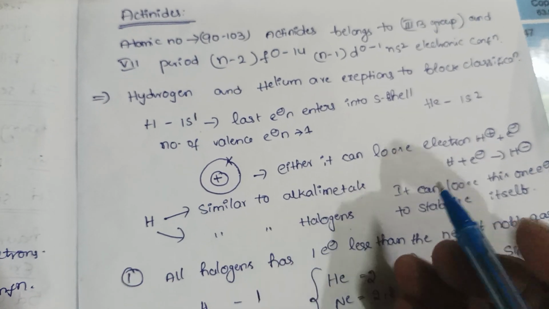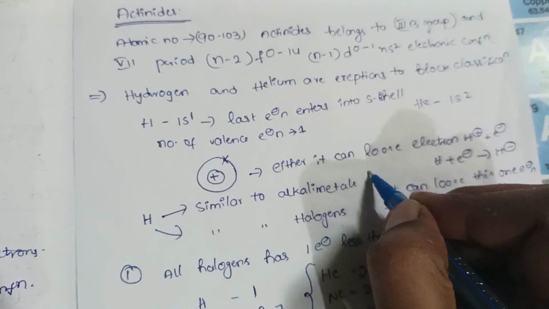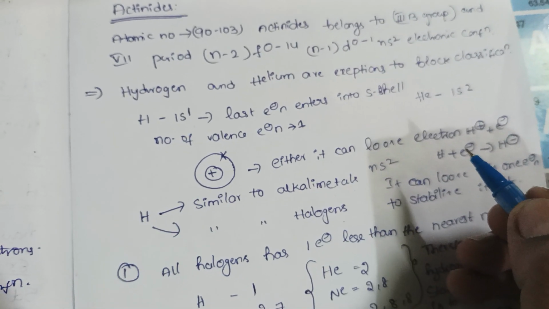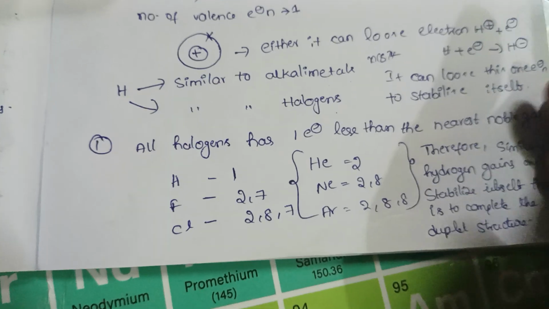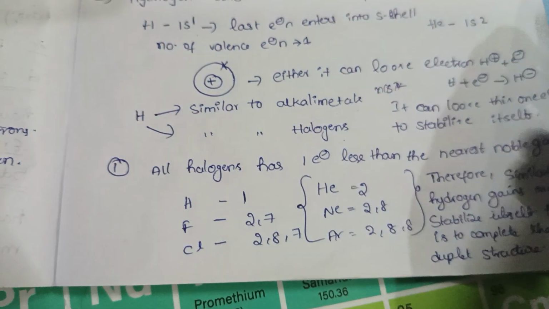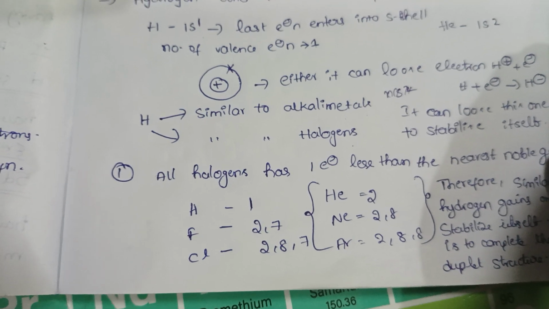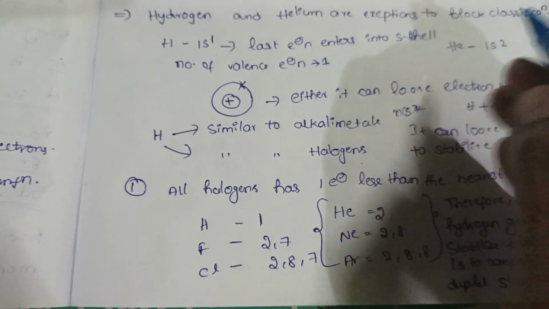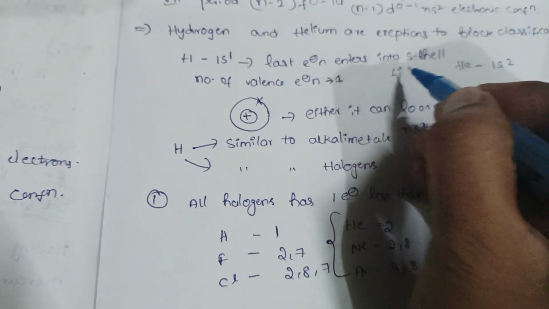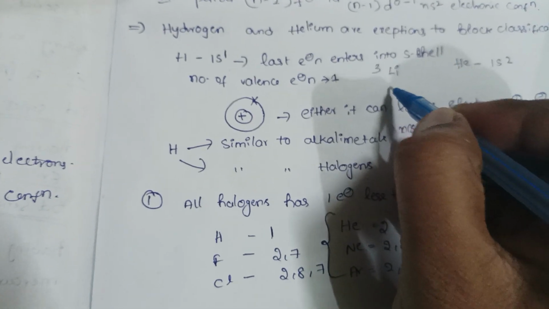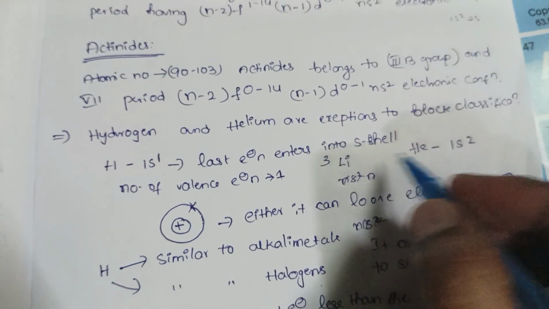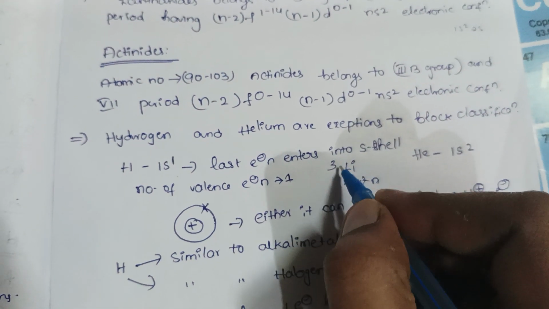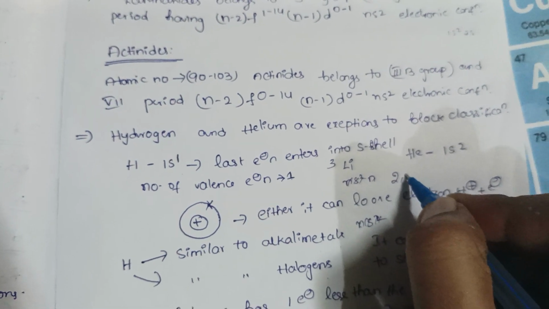The alkali metals' electronic configuration is ns1. If we take lithium, atomic number is 3, outer electrons are 2, 1.